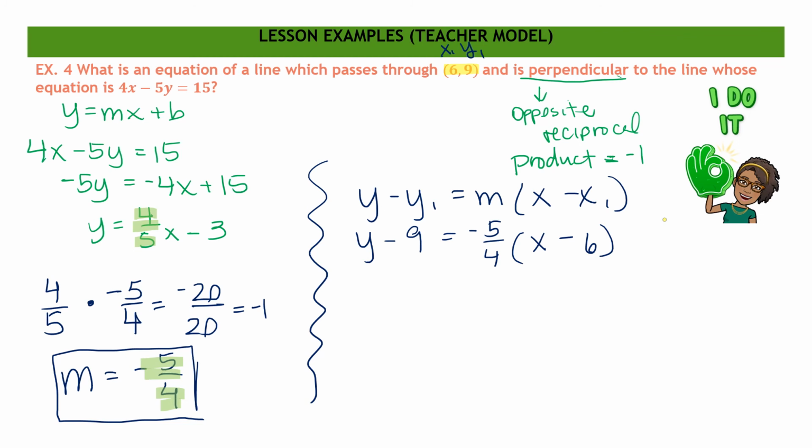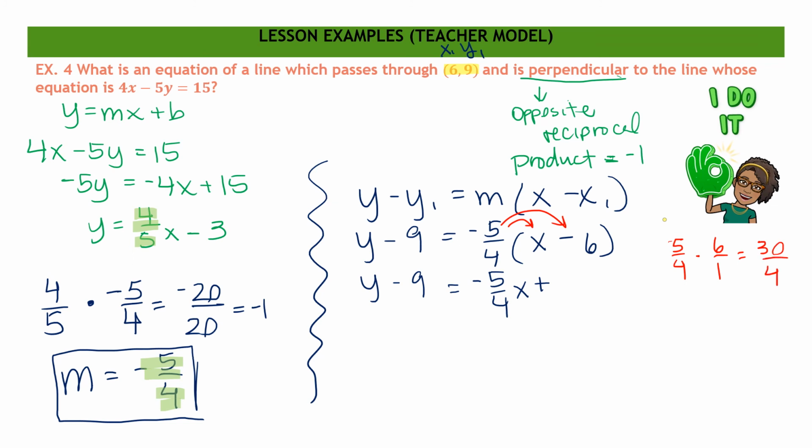As we've been doing, we're going to simplify, so I have to distribute on my right. So I have y minus 9 equals -5/4 x, and then a negative makes it positive, and then I have 5/4 times 6. Let's do this on the side: 5/4 times 6/1 gives me 30/4.